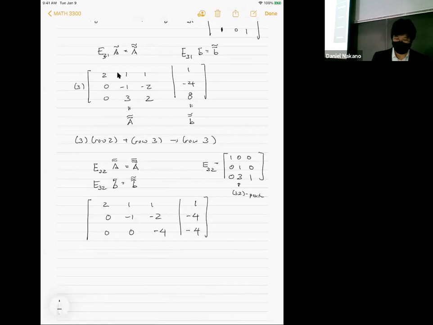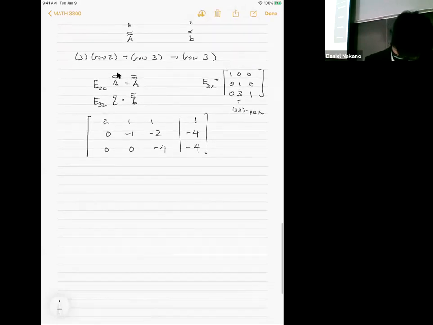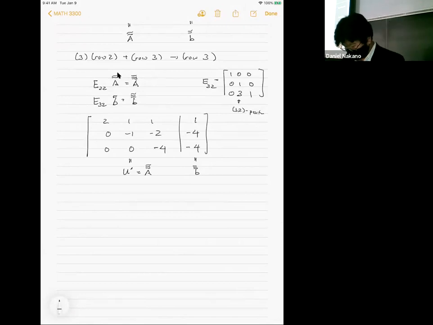Okay. And again, this is U. It's called U prime, which is A with the triple twiddle, and this is the B with the triple twiddle. Okay, any questions so far?